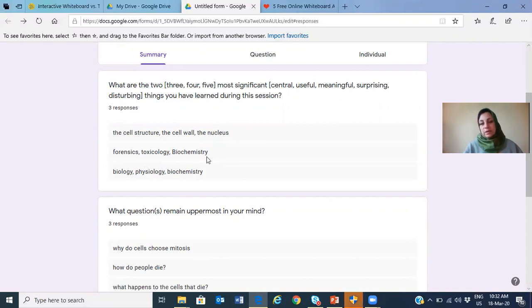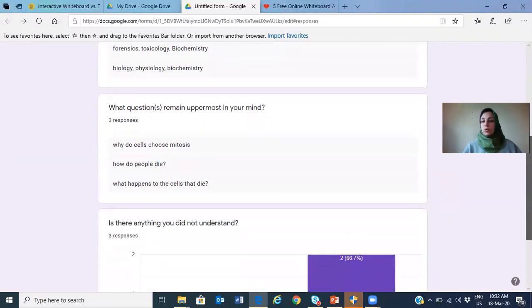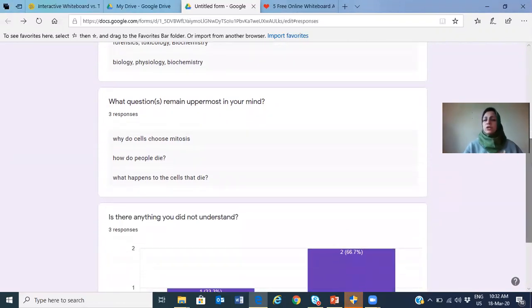This is the first, this is the second, and this is the third. You want to see them cumulatively so you know that students have learned these things very well. What about the second question? When you ask them, what questions remain on the top of your mind? These are the three highlights. Each of the students highlighted something that resonated with them in the lecture.